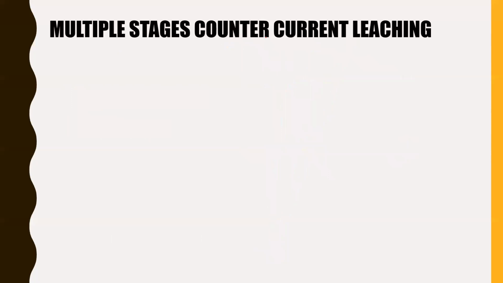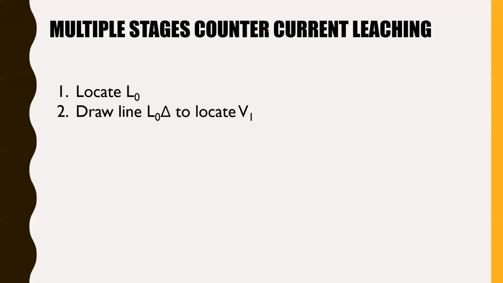Okay, just a summary for this multiple stage countercurrent leaching. The first step is to locate the L node and then draw a line from the L node through the operating point to locate V1, and then a tie line through V1.